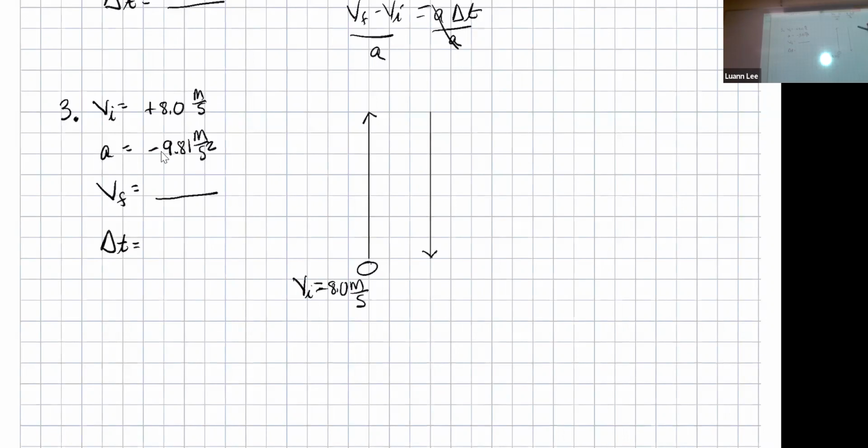That's the velocity that the person's hand gives this as it's throwing it up. As soon as that object leaves that person's hand, there's no more acceleration from their hand acting on it. What's the only acceleration acting on it?